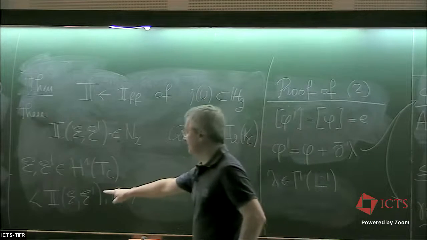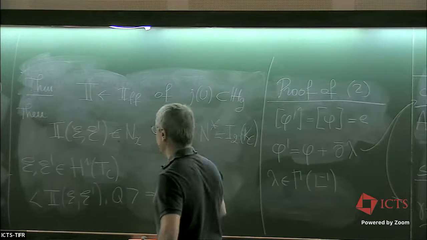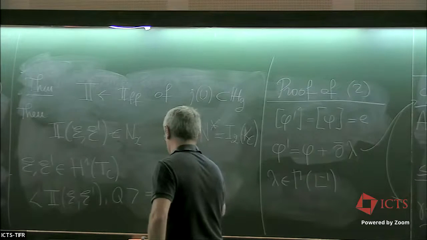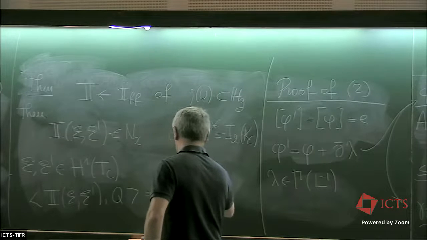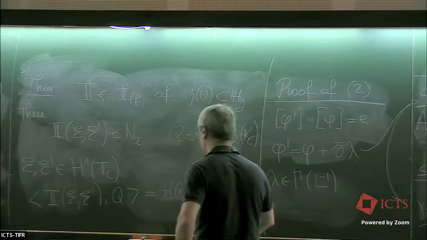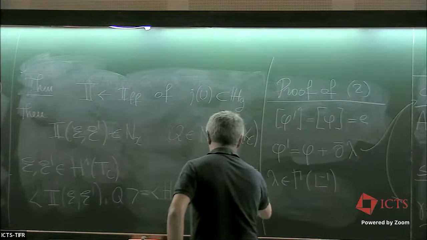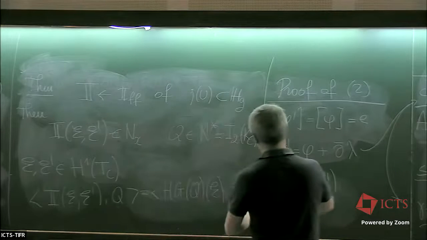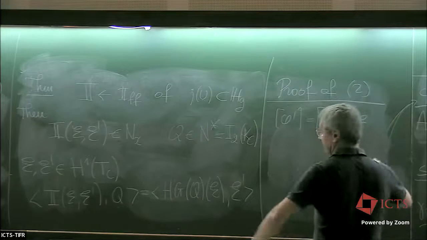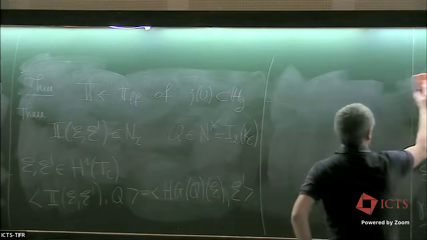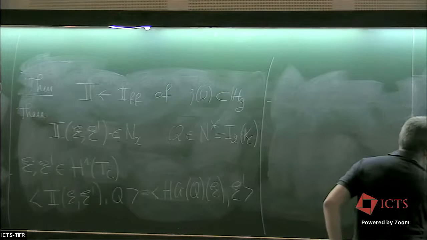So this will be a number, and the theorem is that this is a Hodge-Gaussian map like this. Where here this Hodge-Gaussian is a Hodge-Gaussian map for a canonical bundle.